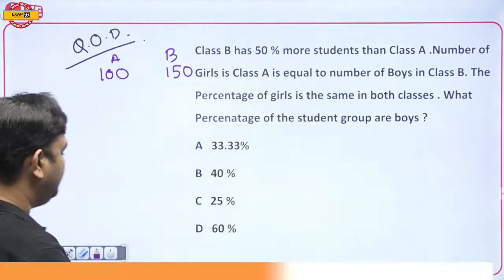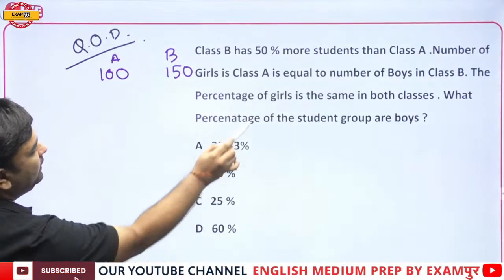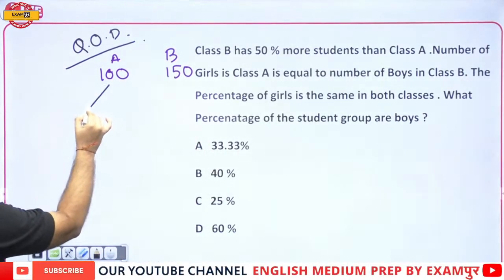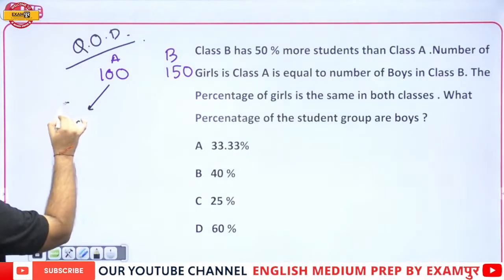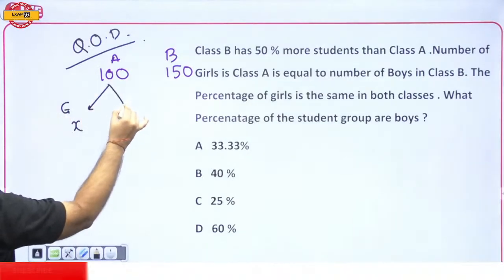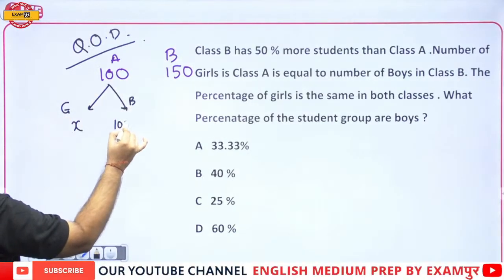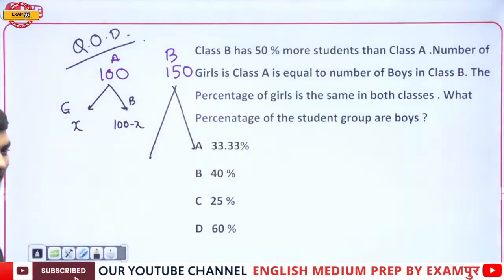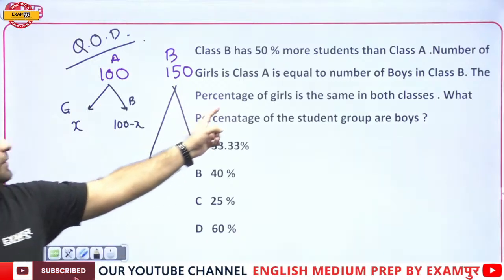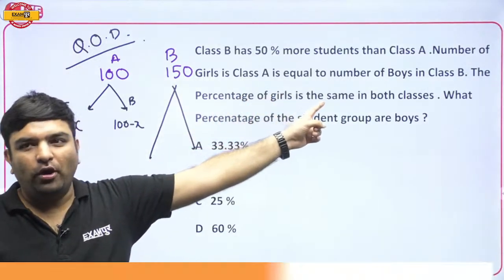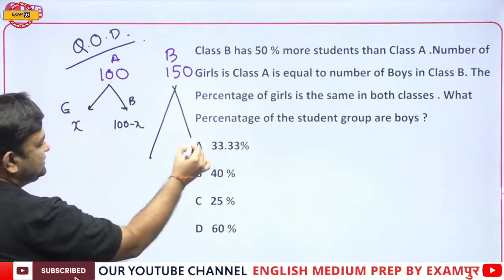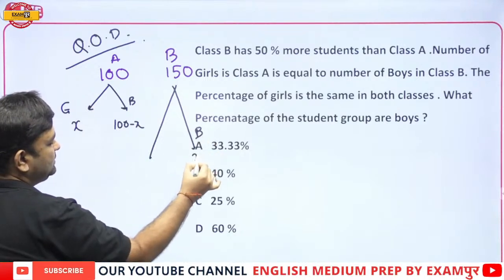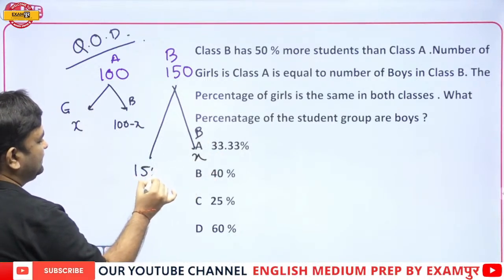Let the number of girls in class A be X, so boys would be 100 minus X, which is equal to the number of boys in class B. So in class B, let the boys be X, so girls would be 150 minus X.